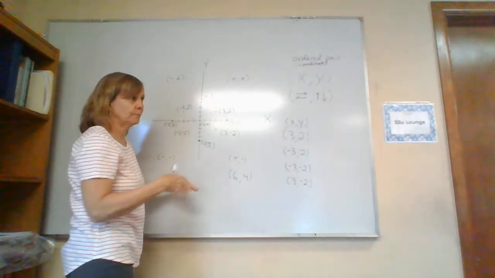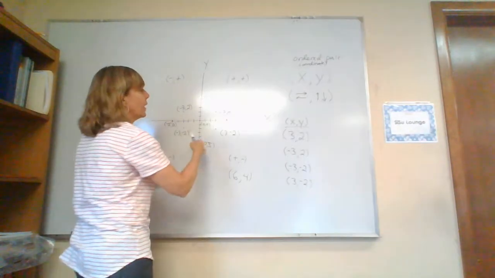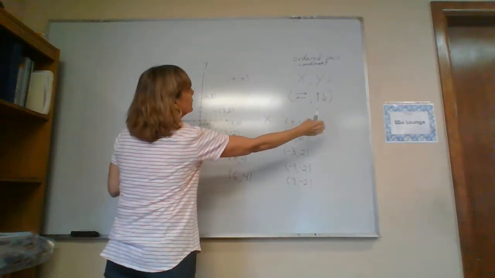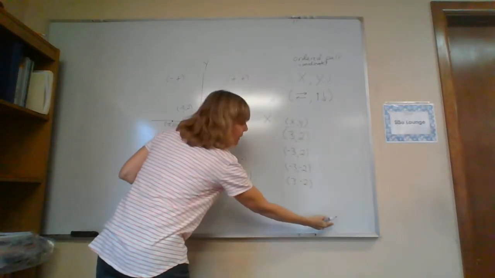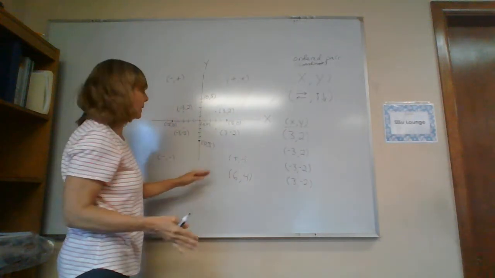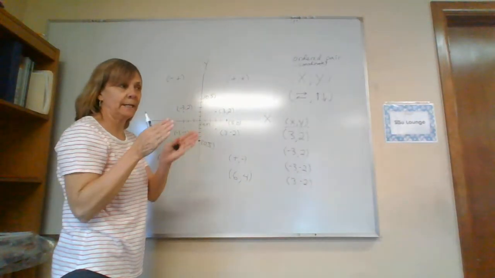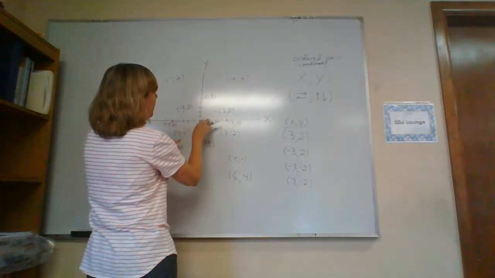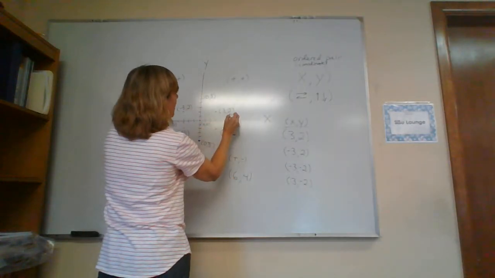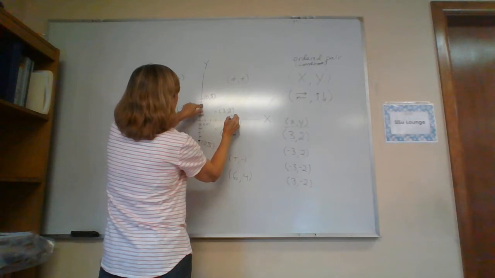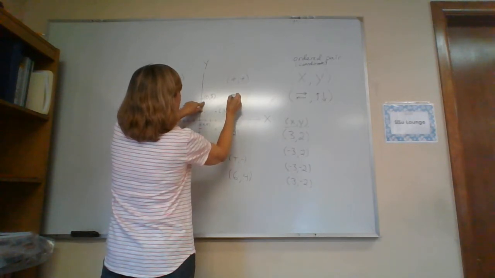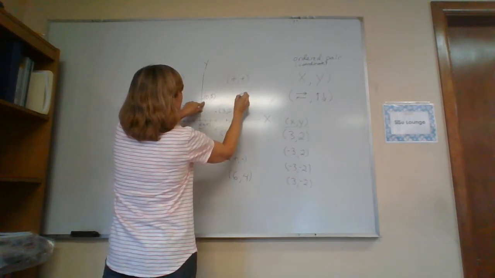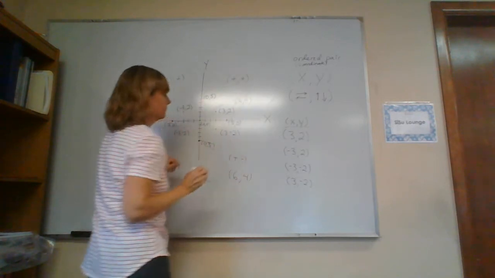I could plot 100. x could be 100 and y could be negative 100. It'd just be off my board. So I'm just trying to stay smaller just so it's easier to count. It doesn't have to be though. So 6, 4. 1, 2, 3, 4, 5. I go over 6. 1, 2, 3, 4. I go up 4. So that would be the point 6, 4.